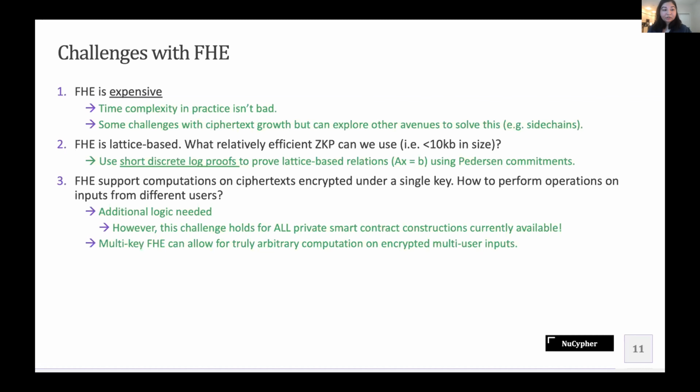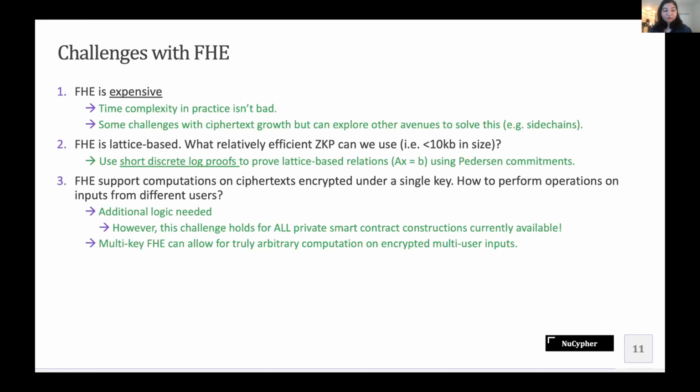And finally, three. If you're familiar with fully homomorphic encryption, you probably already know that you can only perform computations on ciphertexts encrypted under the same key. How are we going to perform operations on inputs, especially encrypted inputs that belong to different users and are therefore encrypted under different keys? This is going to require some additional logic in the smart contract, but it's certainly possible.